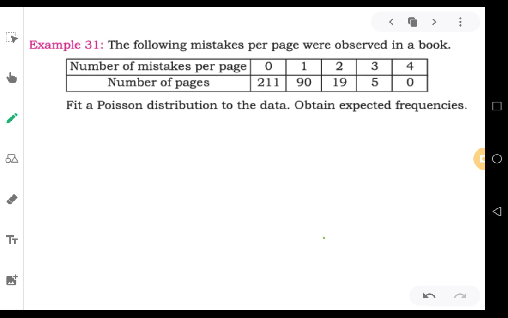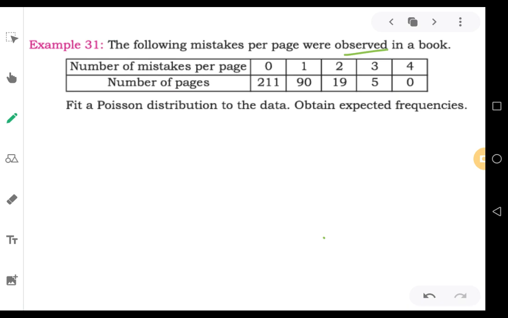As they are using the word observed, these are observed frequencies, actual frequencies. So the table has two rows, which is number of mistakes per page and the numbers they have given from 0 to 4, and number of pages. So from the table we can understand that in 211 pages there is not even a single mistake, that means 0 mistakes.